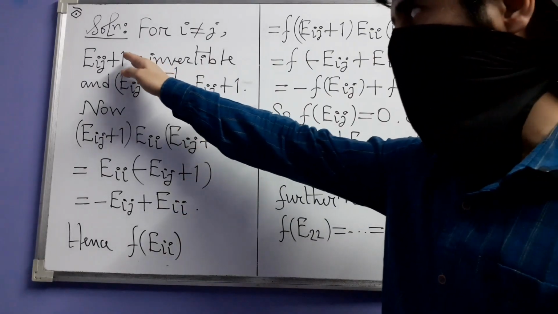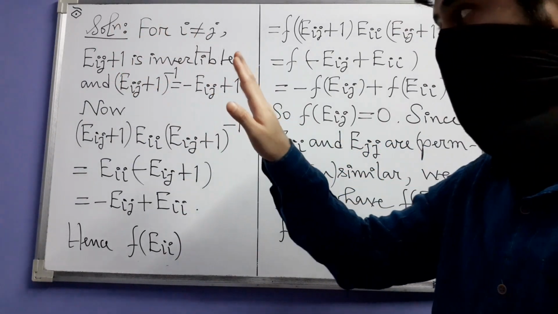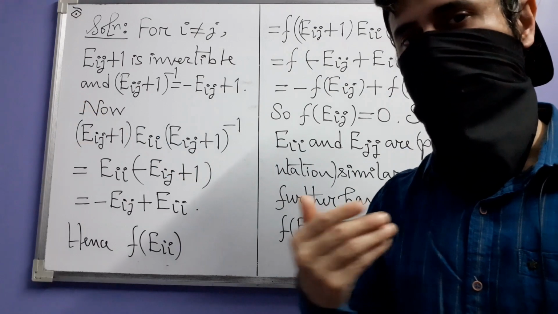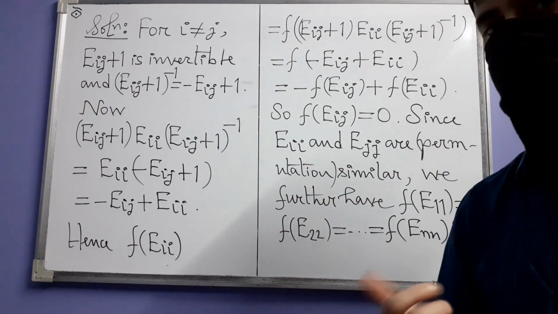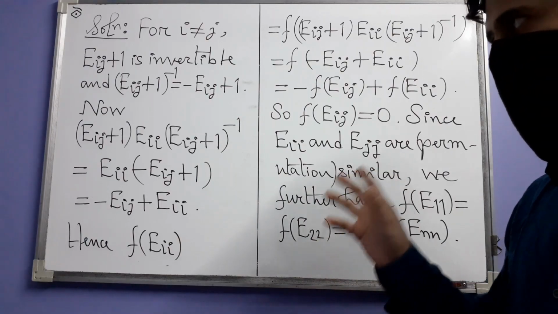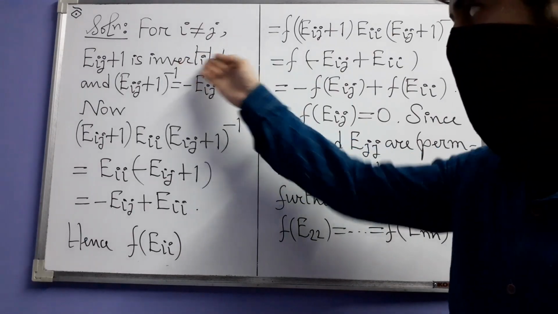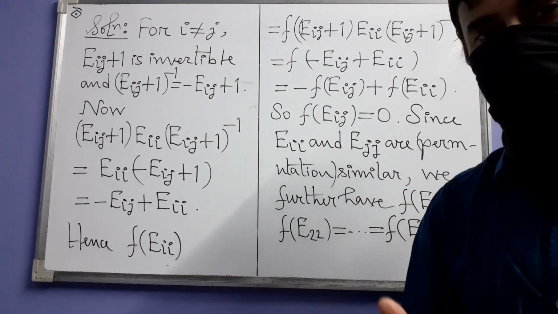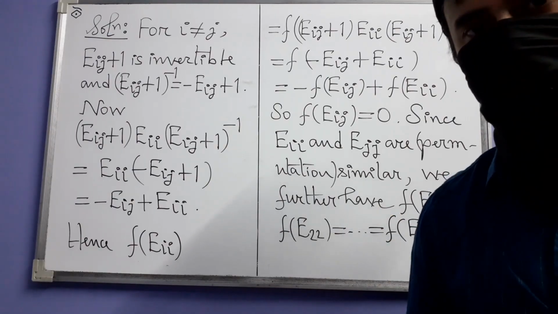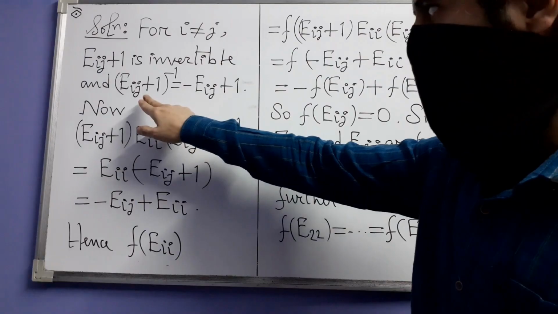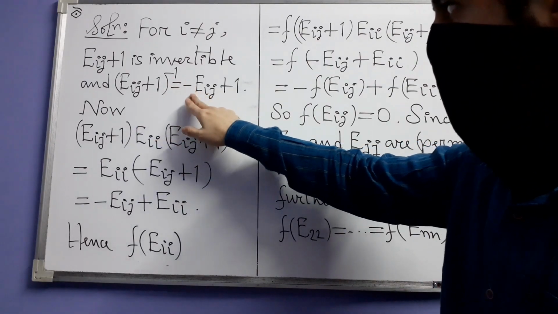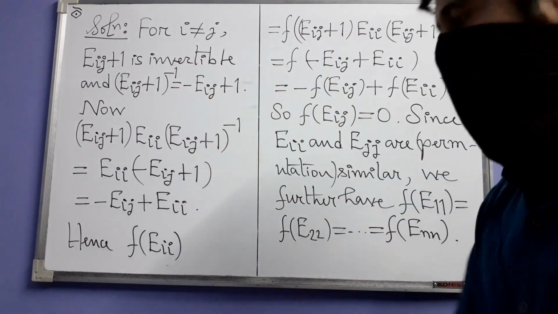If you add the n by n identity matrix to that, that becomes an invertible matrix. Why exactly I won't tell you. You should be able to get this fact from properties of triangular matrices. I will tell you only this much. And in fact, its inverse is minus Eij plus 1.